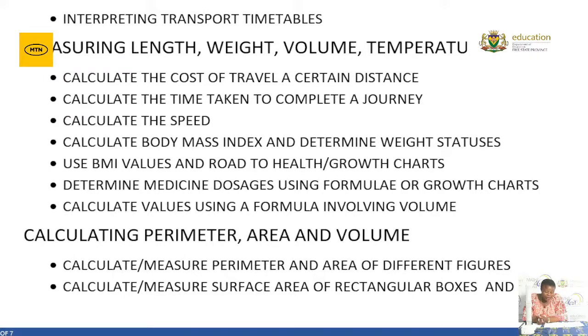You will be provided with the plot in the examination where you are supposed to calculate the perimeter of that plot. So the most important thing, candidates, is that you need to check the structure. What kind of structure is provided? Because we have circles, squares, and rectangles, and sometimes the circle can be a semicircle.